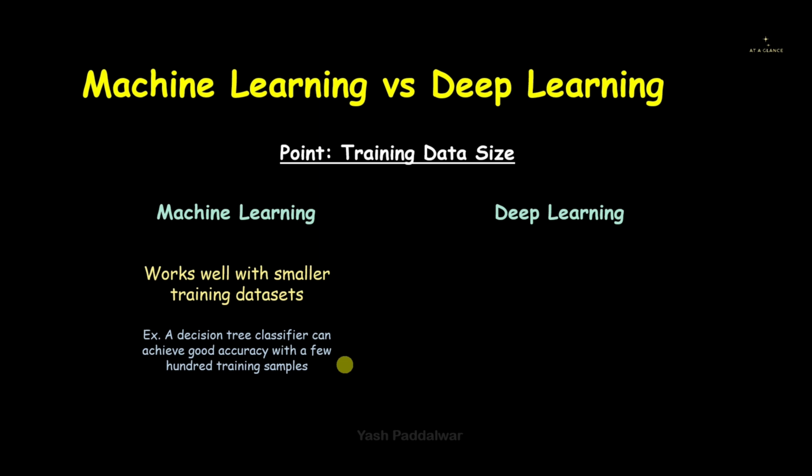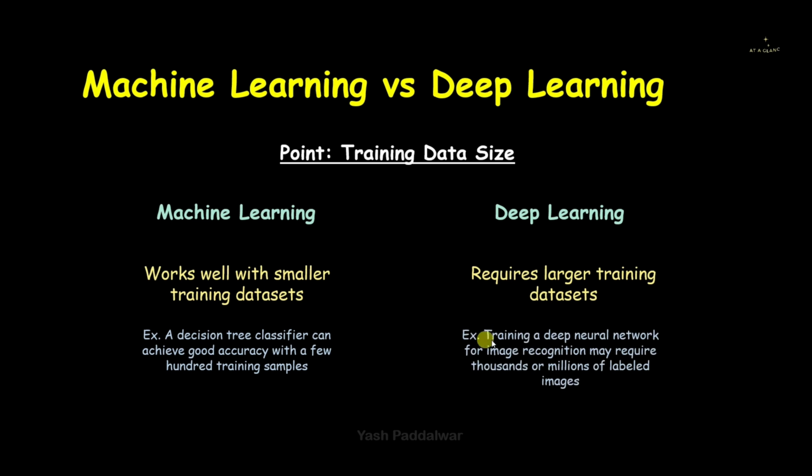Now let's come to deep learning. When it comes to deep learning, it requires larger training data sets. Unlike machine learning, it requires a larger training data set to handle the complexity of models and reduce overfitting. It is also known that larger data sets will capture rare events. Also, it provides more data variations.